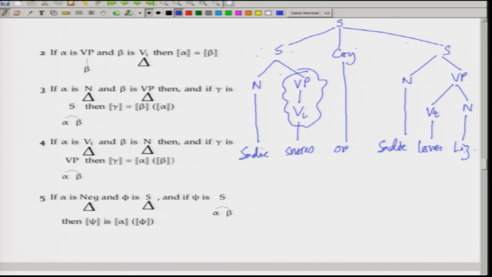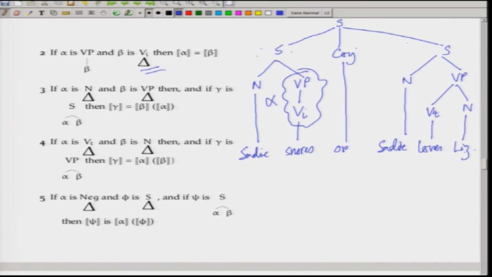So here alpha is this whole branch, alpha is VP goes to beta, and we can see that beta is actually Vi goes to something, that something is represented by this triangle. It can be anything, in this case it is snores.